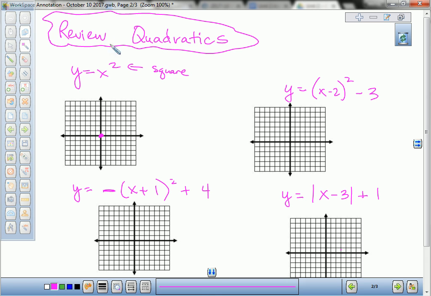I want you to understand, when we look at this function, x is being squared. So this function is a squaring function. It squares stuff. So when we're thinking about moving from this translation point, we square. What is 1 squared? 1. What is 2 squared? 4.